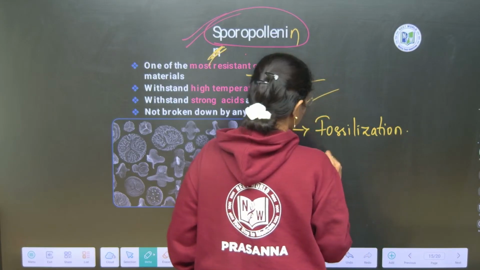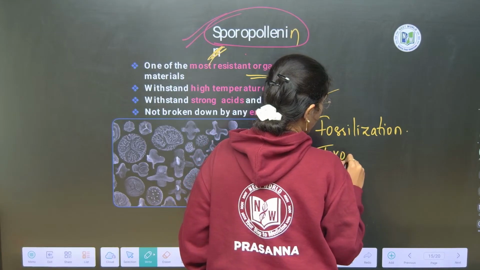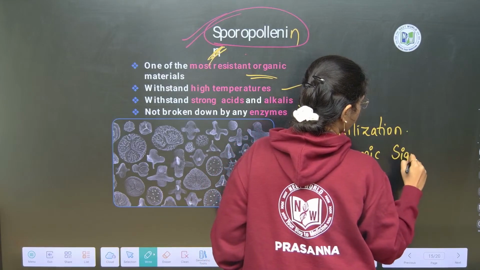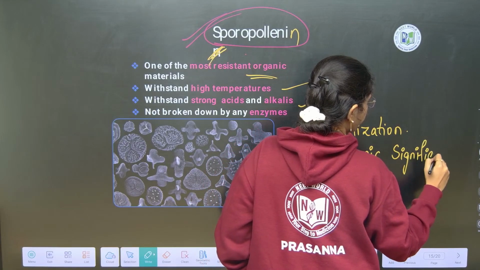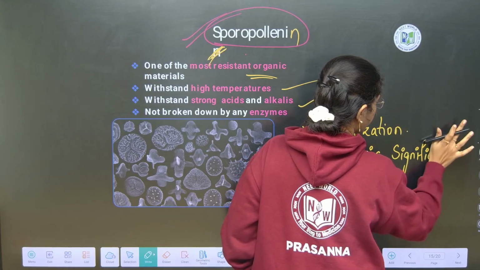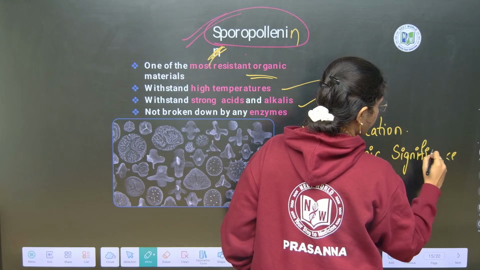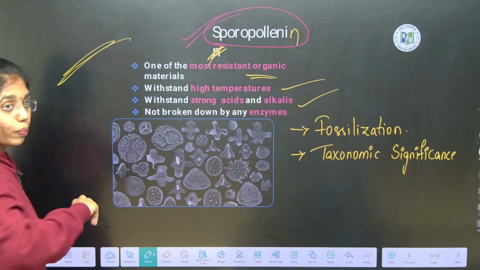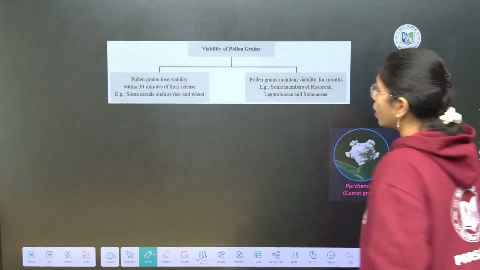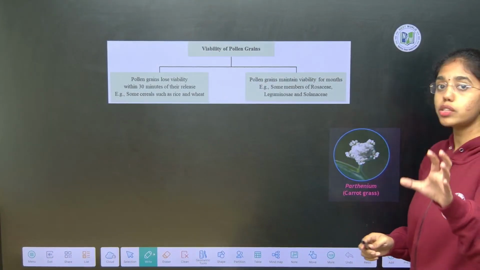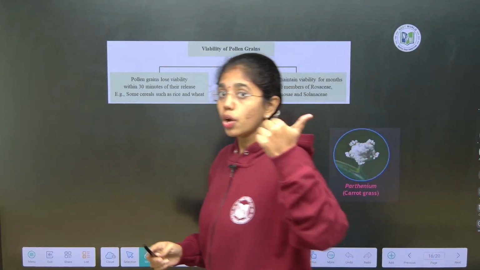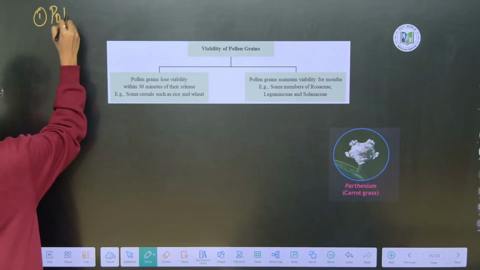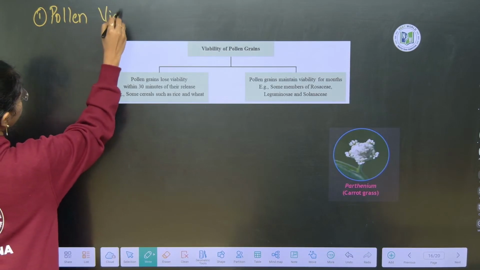And then taxonomic significance as well. Okay, this is about sporopollenin. Here we have to go through a few important concepts from pollen grains. First is pollen viability.